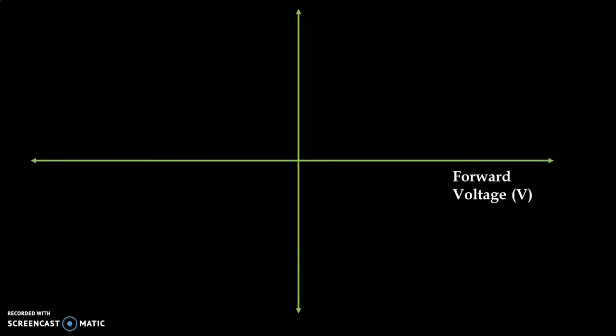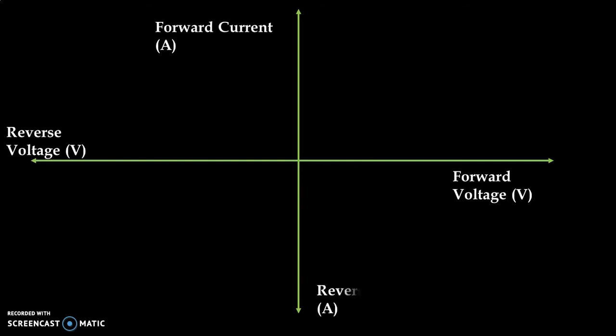Now let us see the VI characteristic of Zener diode. On the x-axis, we apply the voltage, so forward voltage as well as reverse voltage. On the y-axis, that is the current axis, we have forward current and reverse current.